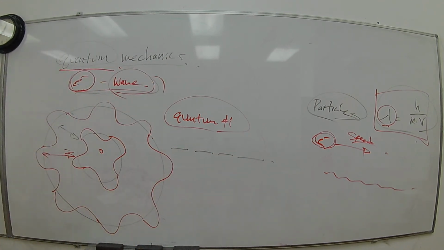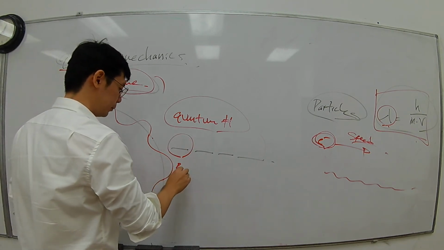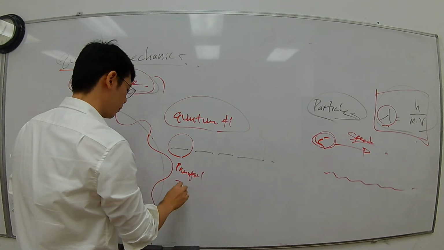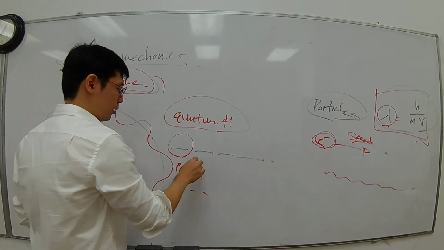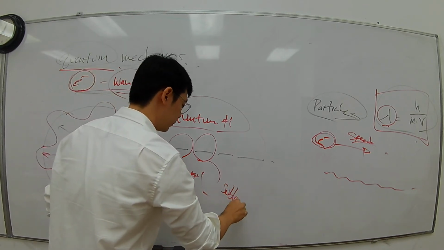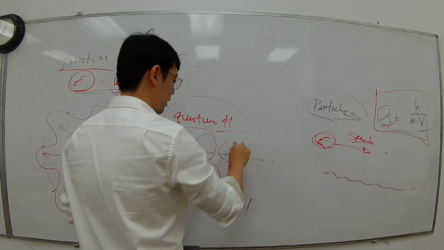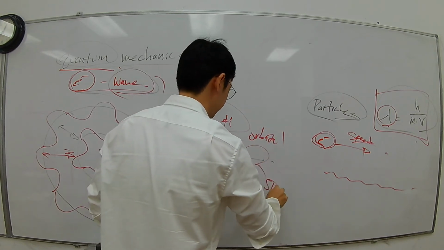The first number, guys, is what we call the principal level, like the first shell, second shell, third shell, and so on. The second one represents the sublevel number. This one represents the orbital number. This represents spin.